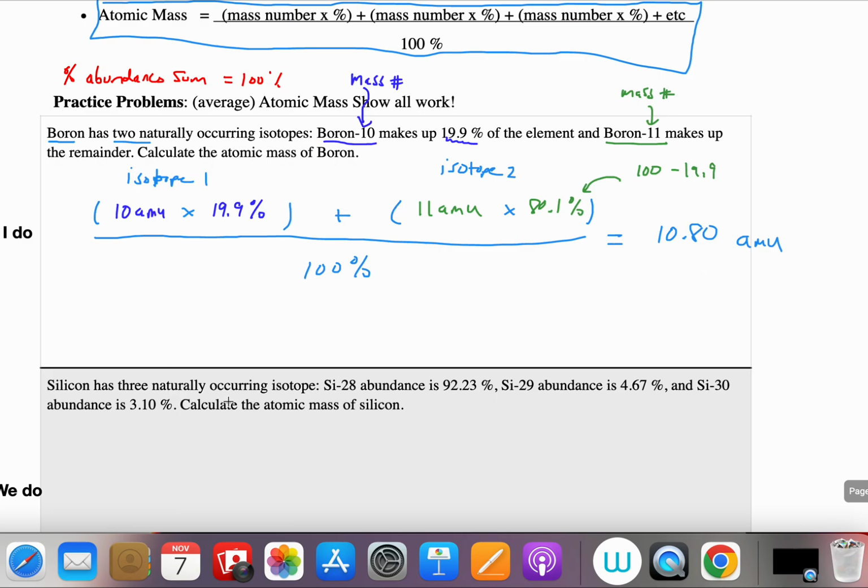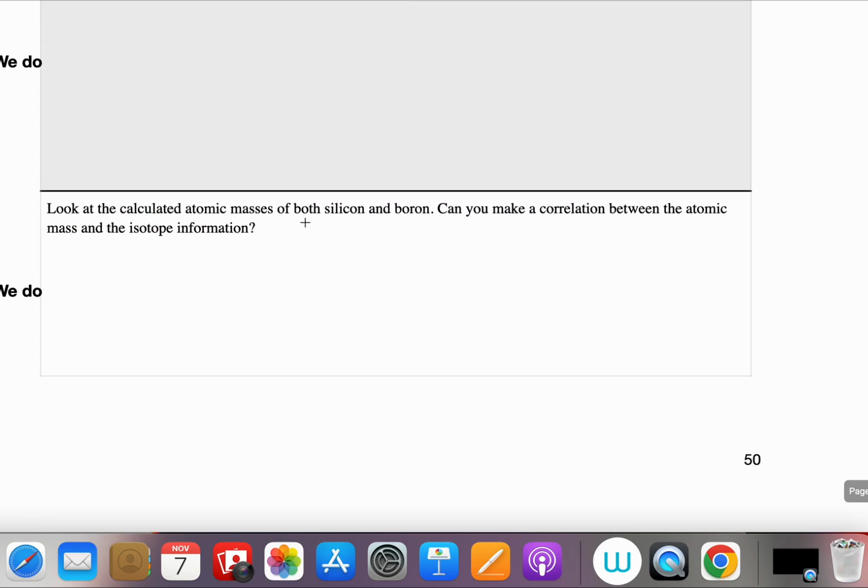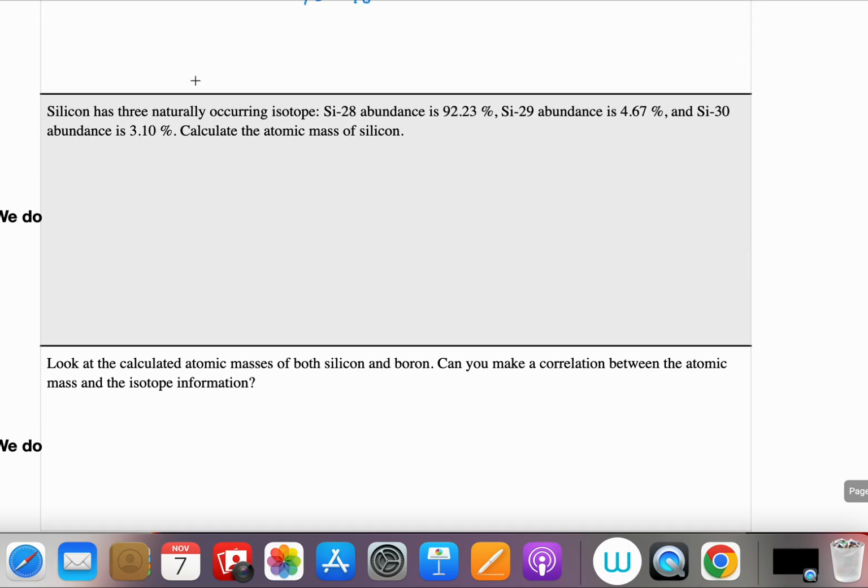Okay, so let's take a look at another example. This time the element is silicon, which has 3 naturally occurring isotopes. Since it has 3, we need 3 parentheses setups: isotope 1 plus isotope 2's information plus isotope 3's information.